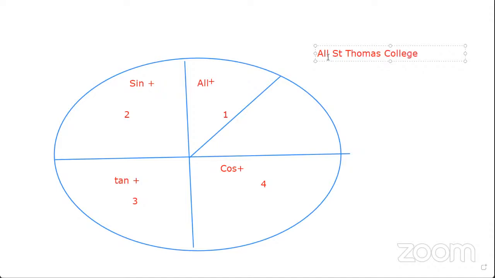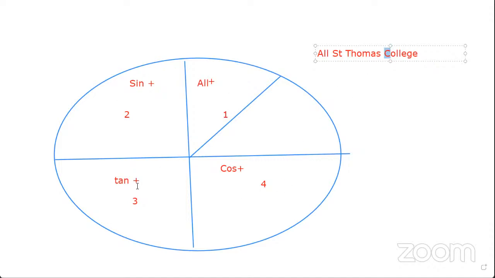The first quadrant, it is all positive. In the second quadrant, only sine is positive; this S refers to sine. In the third quadrant, only tan is positive; T refers to tan. And in the fourth quadrant, only cos is positive.